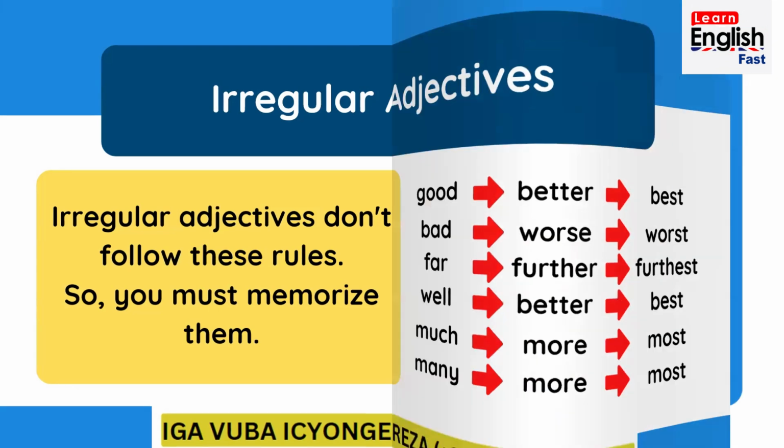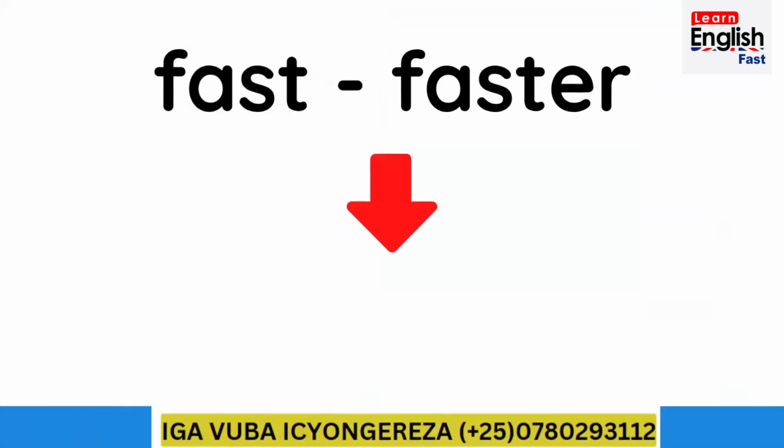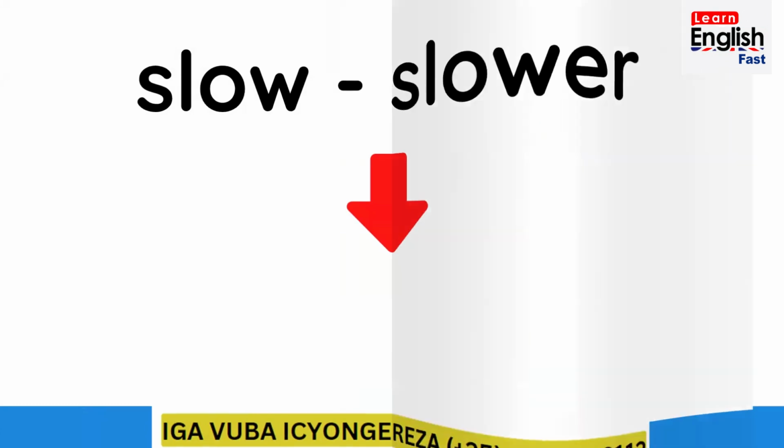Okay? Next, let's practice. Reka dukore ka practice naha turebe n'interuro tubone dusoze. Fast, kihuta kurushaho ni faster, kihuta gusumbya byose ni fastest. Slow becomes slower muri comparative, muri superlative irahita slowest.